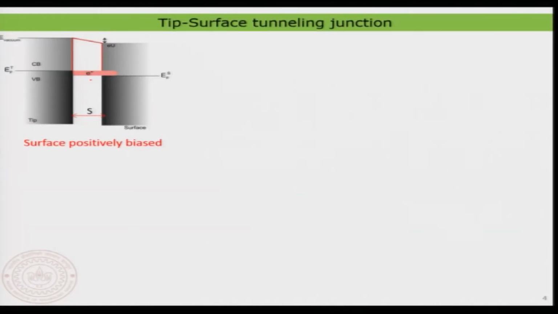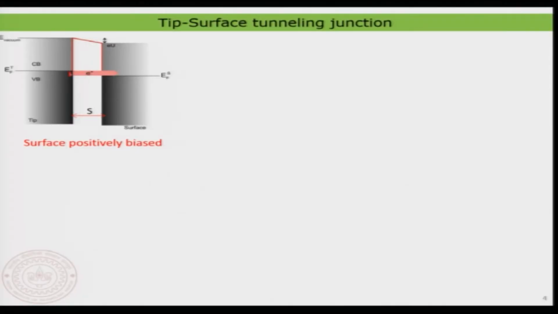If you recollect what we discussed, when you apply no bias, there is an equilibrium between the electrons tunneling from the tip to the sample and from the sample to the tip. So, you would not measure any net current.